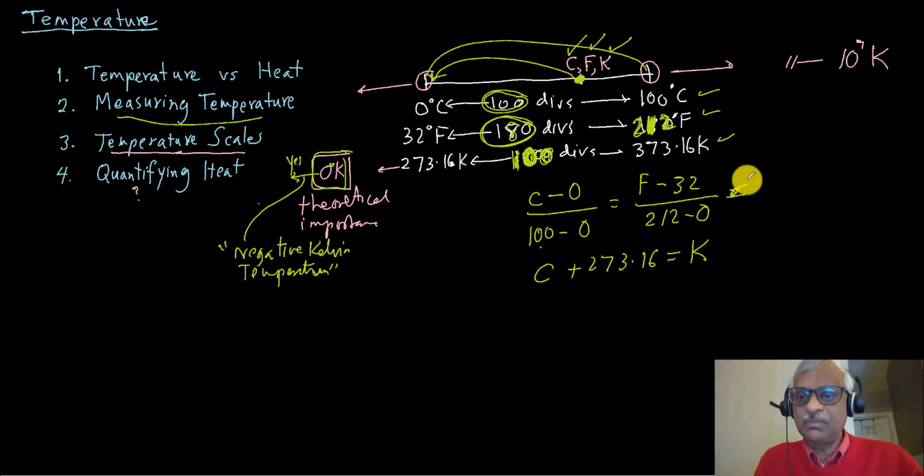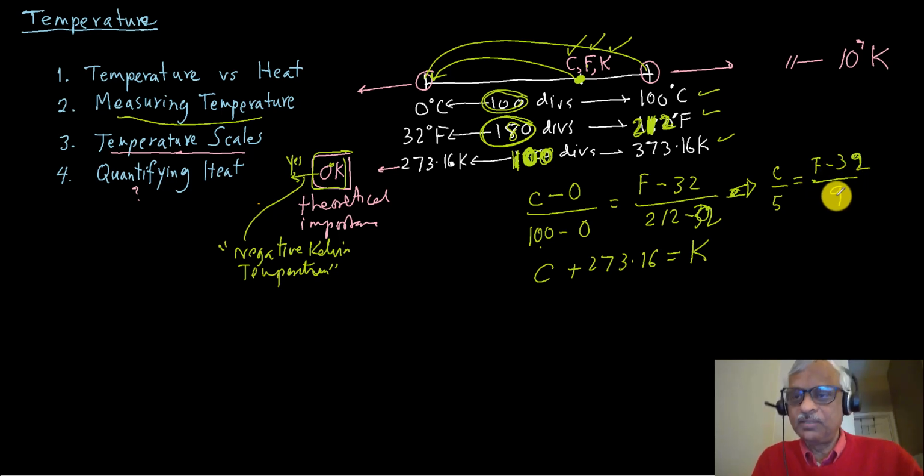So this one can be simplified. You can have C over 5 equals F minus 32 over 9, or you can say C is 5/9 of F minus 32.